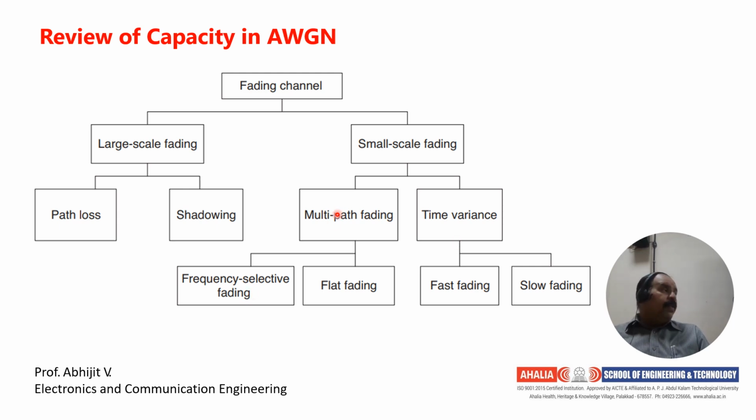In multipath fading we have two types, frequency selective fading and flat fading. In time variance we have fast fading and slow fading. The wireless channel models for frequency selective, flat fading, slow fading and fast fading we have studied in the previous lecture.